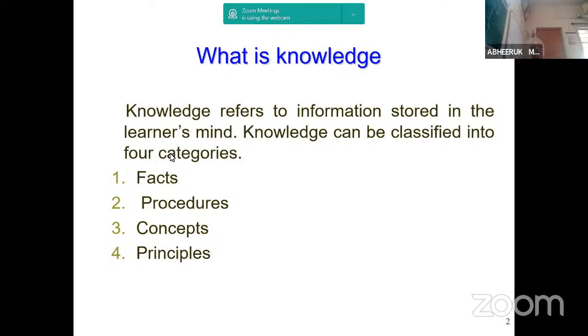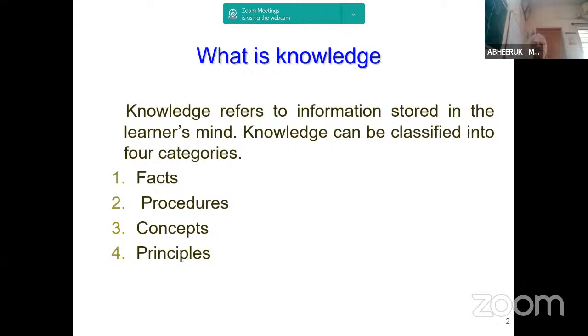Here, these are the different types of knowledge normally. In science and engineering, there are some facts, and there are some procedures or methods. Whenever you teach, these are the things you teach. Some of you have told concepts, some of you have told principles, theory, Newton's law, or any other theory.